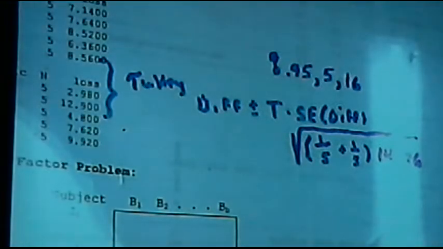Let me try to look that number up. Let's do the studentized range distribution, 95% would be this page. And we have 5 groups, and what was it again, 16 degrees of freedom. So I'm reading off the table here, 4.33.